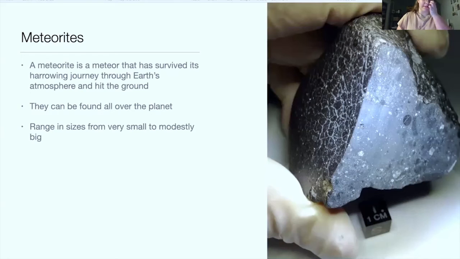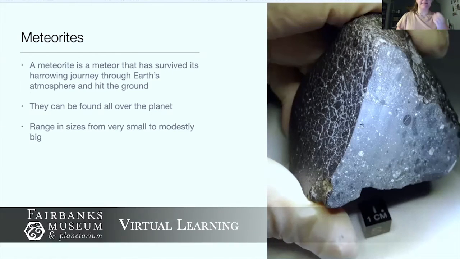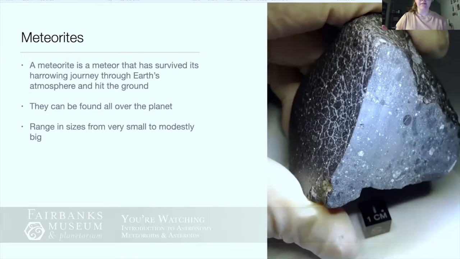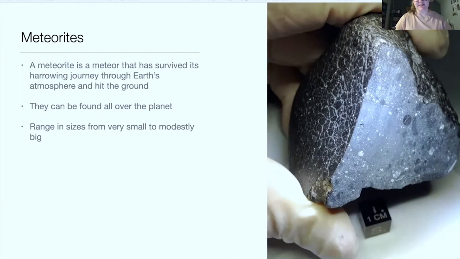Okay, so meteorites. Meteorites are very special because they are meteoroids that have become meteors as they pass through the atmosphere, and they have survived this very treacherous and harrowing journey through Earth's atmosphere where they are burning up at tremendous heat and speeds that the friction is causing this ignition for it to burn.